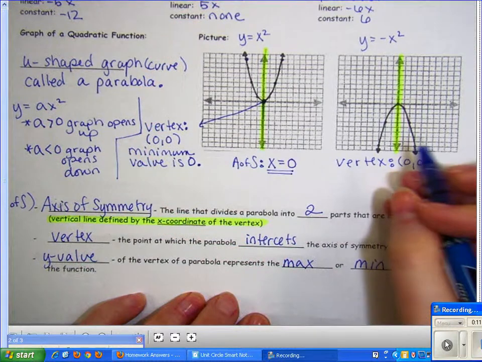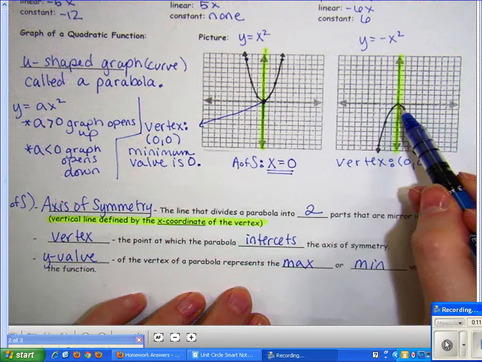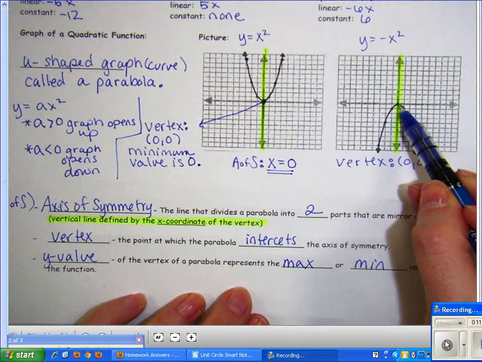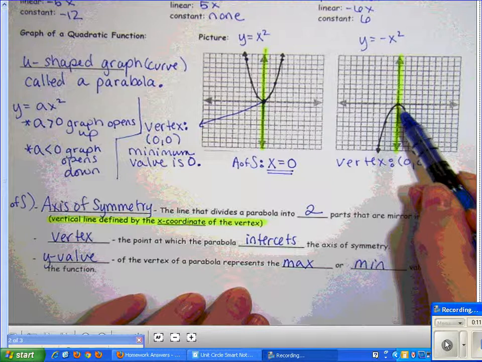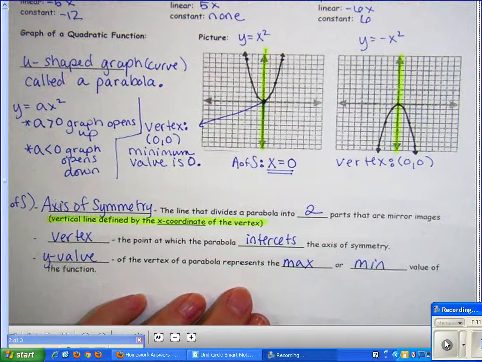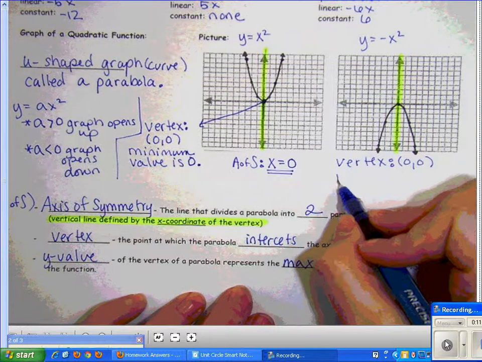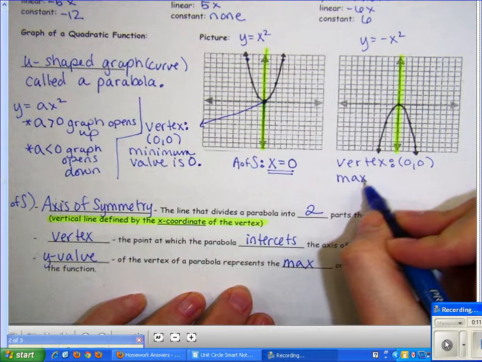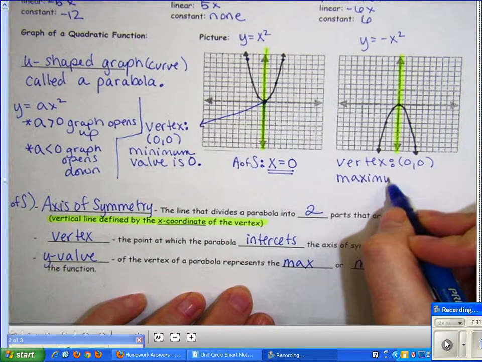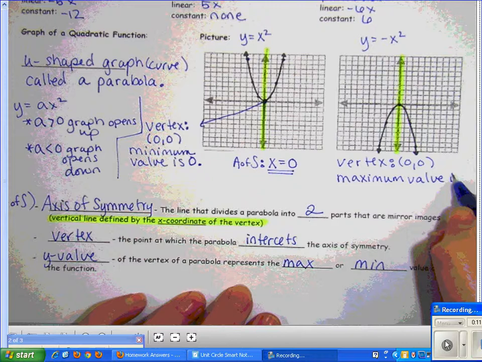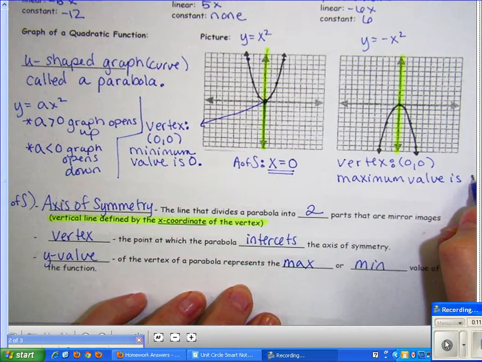I know that instead of being a minimum value, now it's the highest point on my graph. So every point around this point is below it. So we have a maximum value. So the maximum value is, in this case, the y value of your vertex, which is 0.